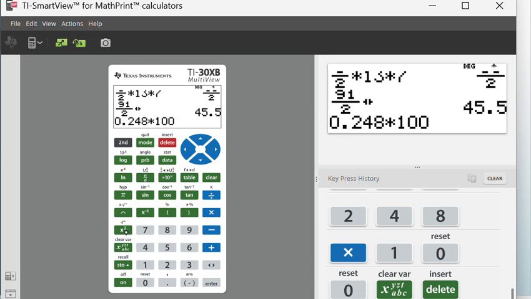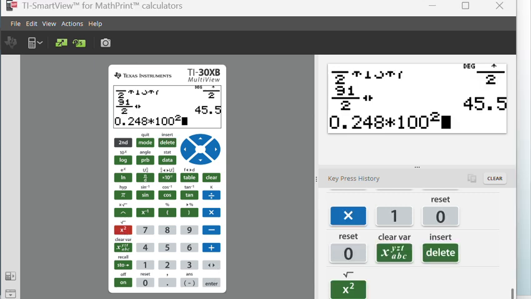Oops, you will get, why is my enter button not working?